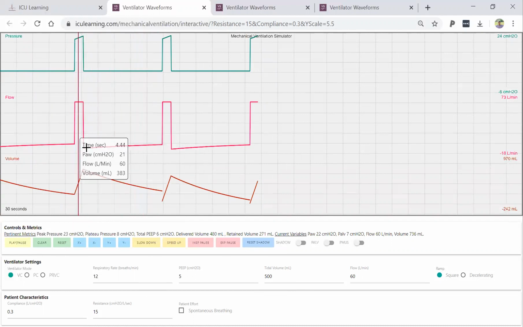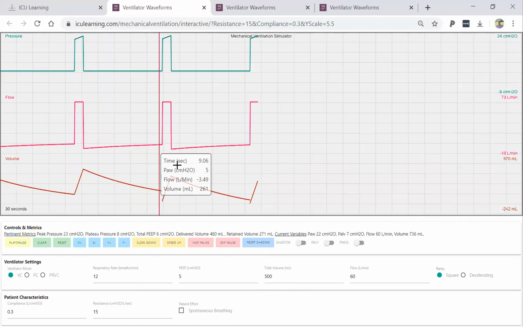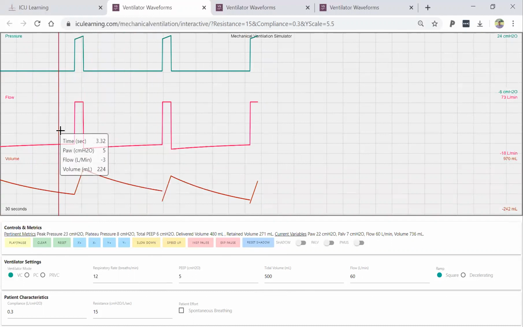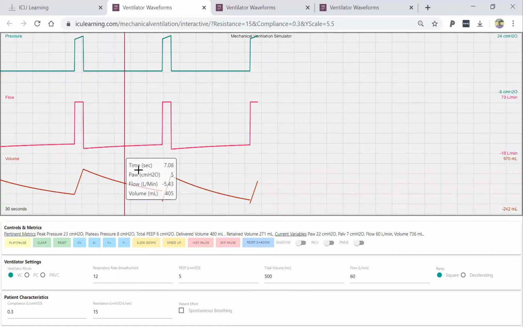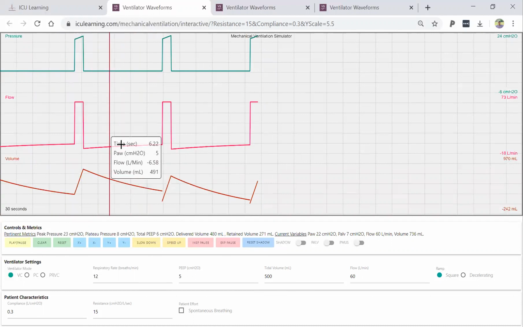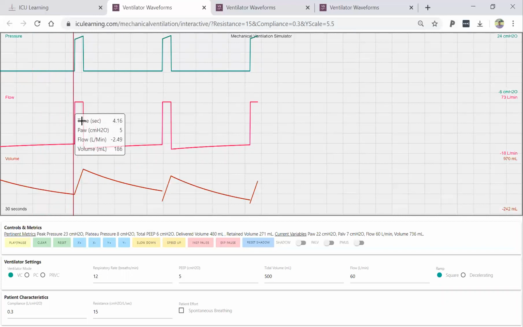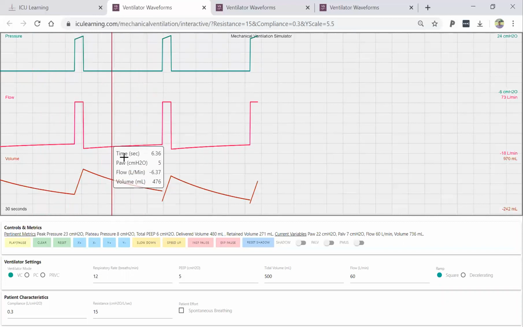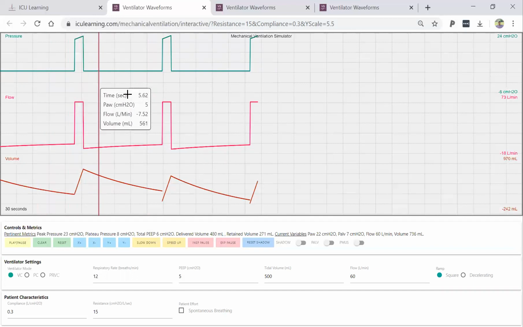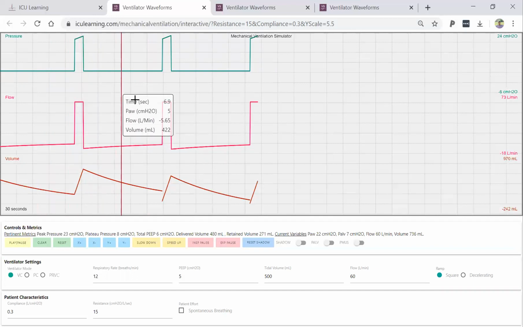If you take note of the area under the curve here, you can visually see that this area is much smaller compared to the area under the inspiratory phase. And so that's concerning for auto PEEP and air trapping. That means that the air that leaves is much smaller than the air that goes in. So volume out is smaller than volume in, and that means air trapping.